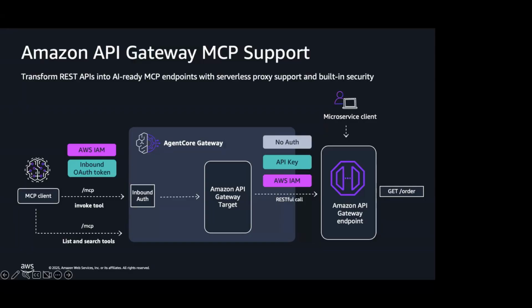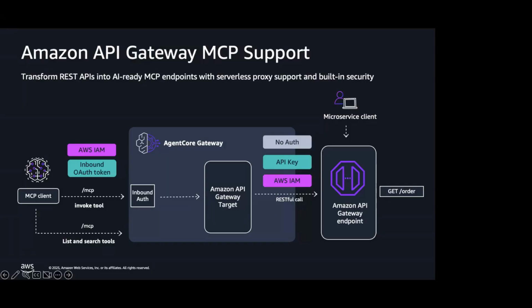and you can present those APIs as MCP compatible endpoints, so they can be used as tools by your agents. So the Agent Core Gateway basically handles the authentication on the inbound side from the MCP client, and also on the outbound call to the API Gateway.